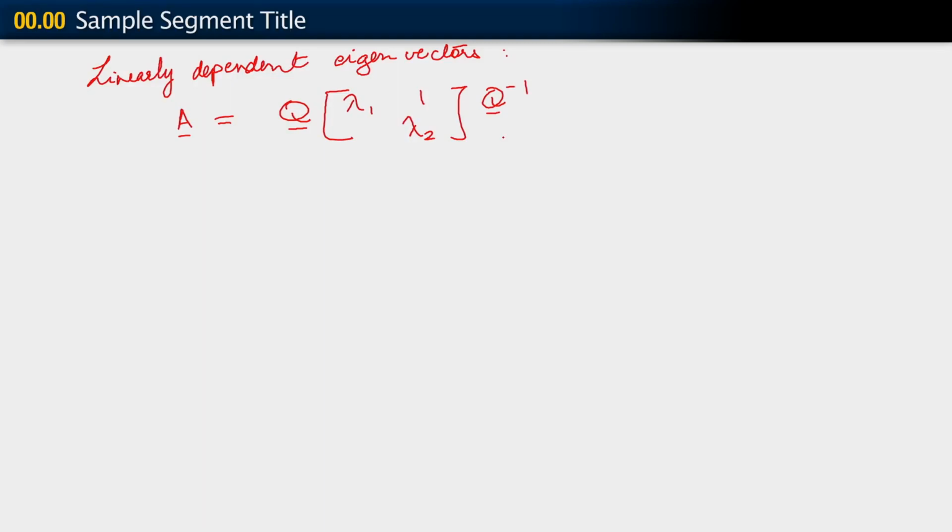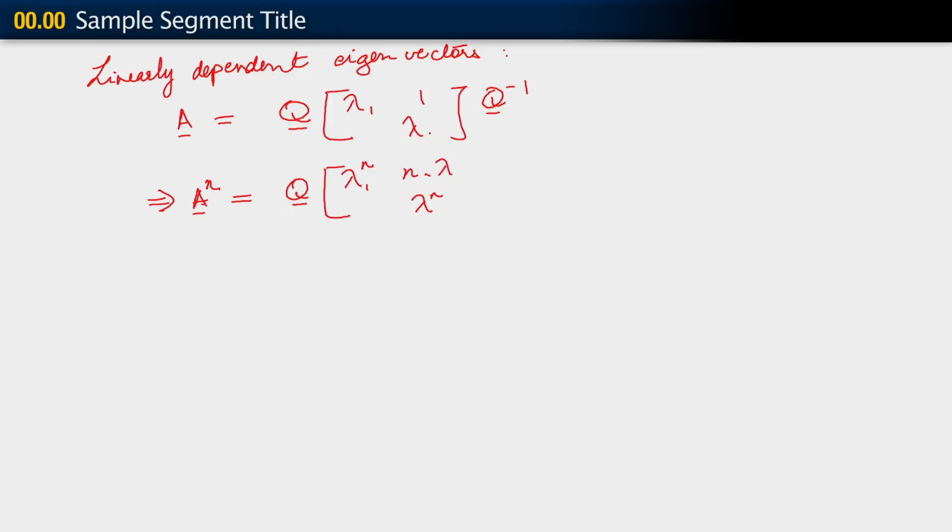Now, if you go through the process and calculate A to the power n, what you get is a form where you get Q, lambda 1 to the power n, lambda 2 to the power n, and all is looking good except for the off-diagonal term. Here lambda 1 is equal to lambda 2, so it doesn't really matter. Let me just do this.